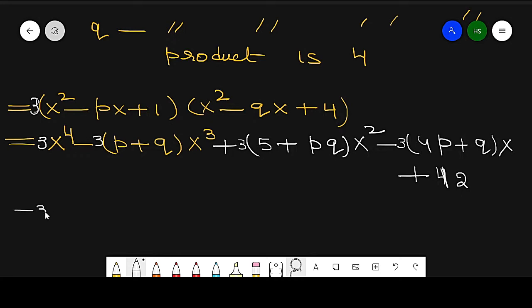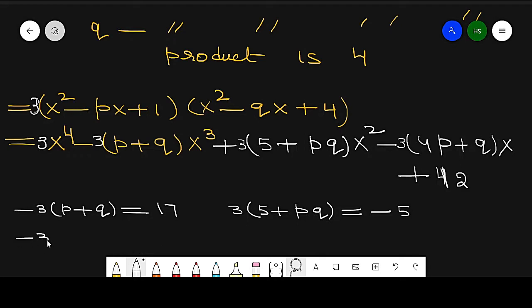The first term, -3(p + q), is equal to the coefficient of x^3, which is 17. Second, 3(5 + pq) is equal to the coefficient of x^2, which is -5. Third, -3(4p + q) is equal to 8, and the constant term 12 is equal to 12.